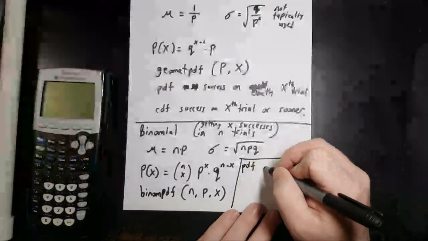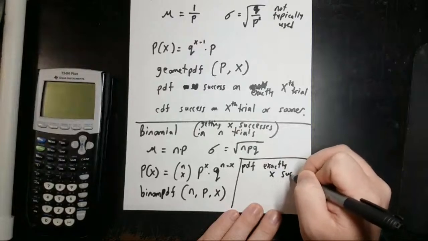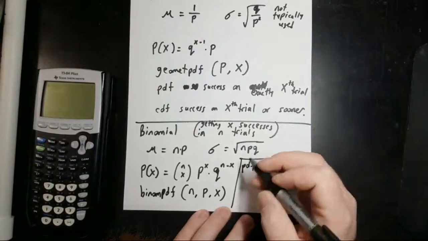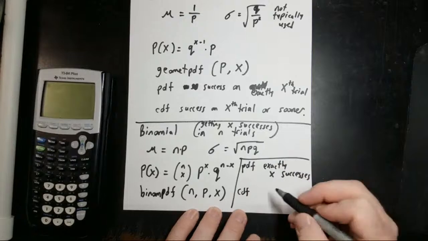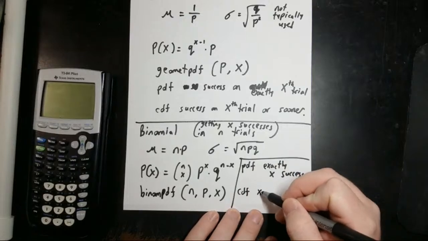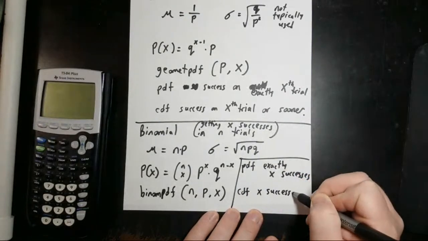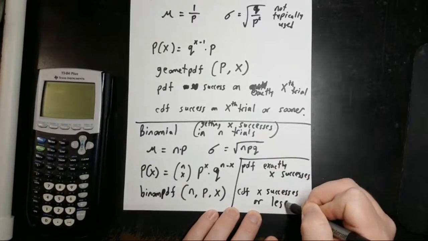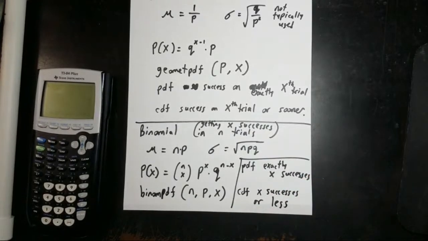PDF would be exactly X successes. CDF would be X successes or less. There are some weird things to go along with that, but I'll deal with those details in a future video.